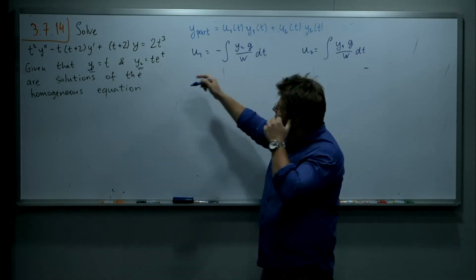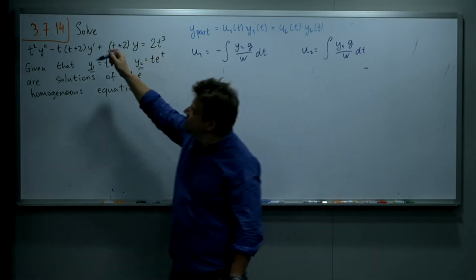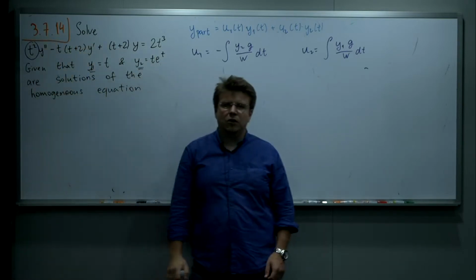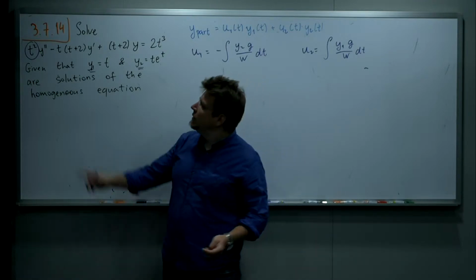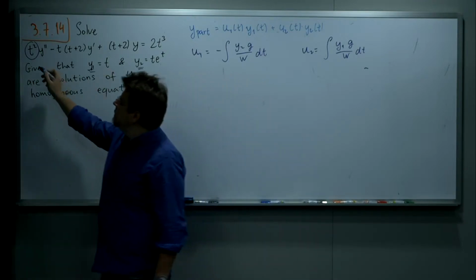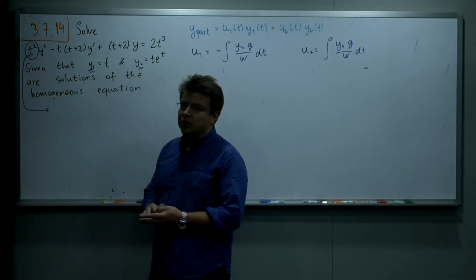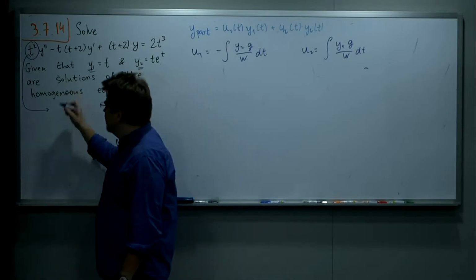Now g is going to be the right hand side of our differential equation, only it is very important that the coefficient at y double prime is 1. Since it is not 1 here, we have to transform our original differential equation so that the coefficient at y double prime becomes 1. So basically we've got to divide by t squared.